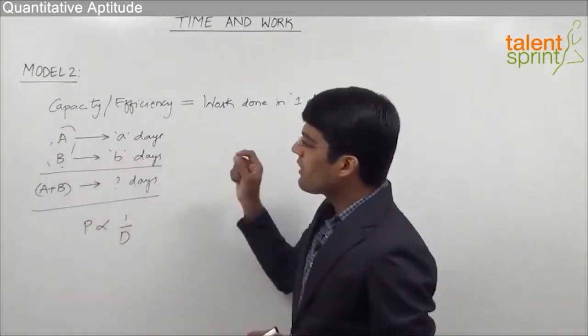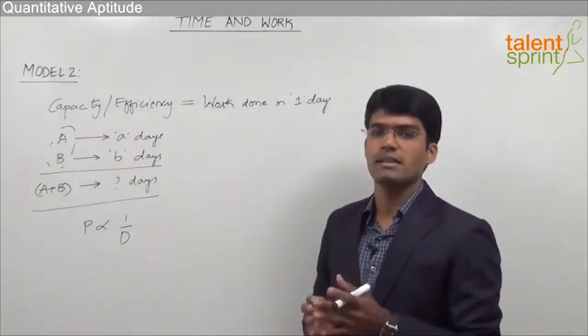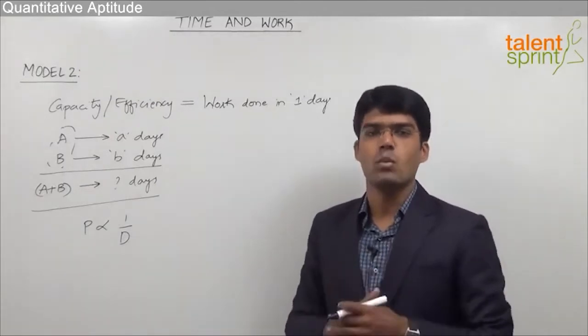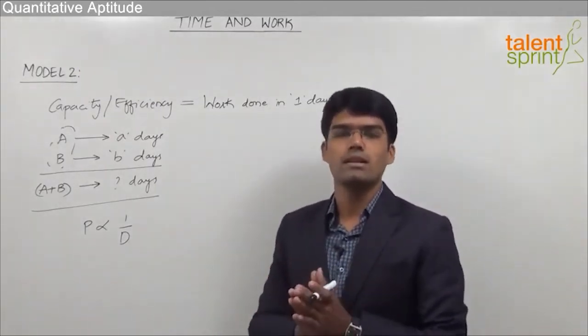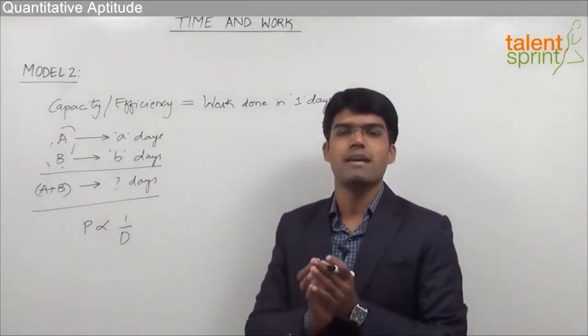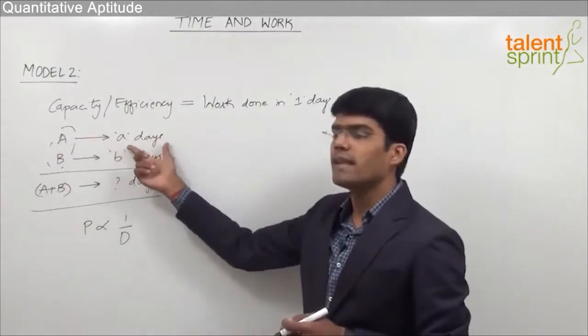So here, to solve this question, we need to go by the capacity of each person, or nothing but the work done by each person in one day. As I've already mentioned in the previous model, whenever the work done is not specified, it can be considered as 1 unit. So let us assume A can do 1 unit of work in A days.